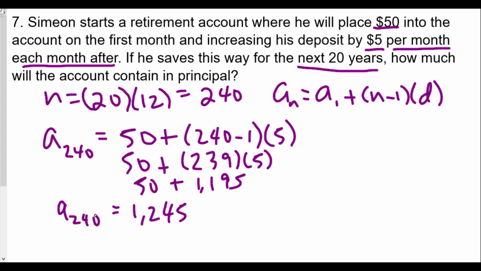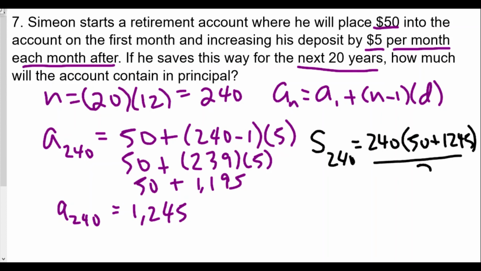So Simeon's last deposit at the end of 20 years will be $1,245. How much will he save up in principal? Well, the sum after 240 deposits is equal to 240 times the first term, which is 50, plus the last one, which is 1,245, all over 2.